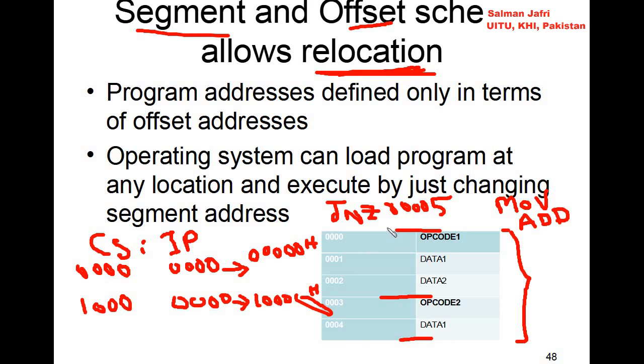So the beauty of this is, since we are defining addresses in terms of offset addresses and not in terms of physical addresses, the program might be running in any segment, but the offset addresses would remain the same, they won't change. So the assembly language program can be relocated to any segment easily. That is basically the concept of relocation.